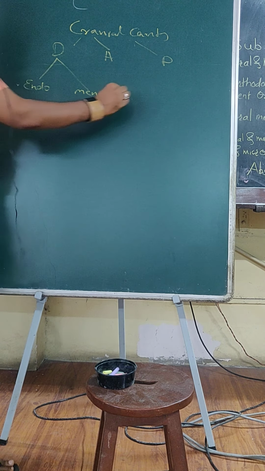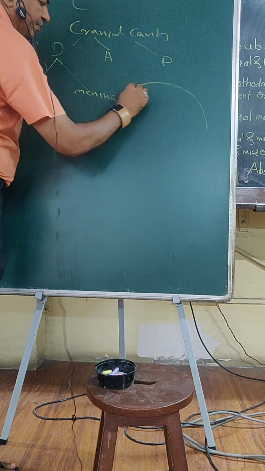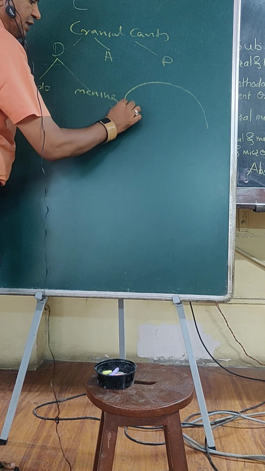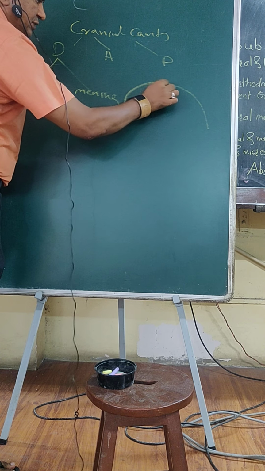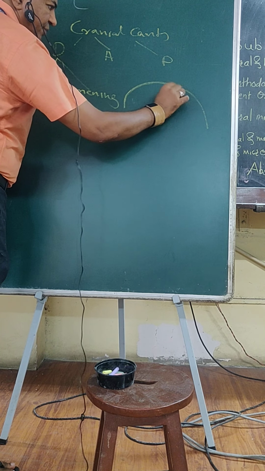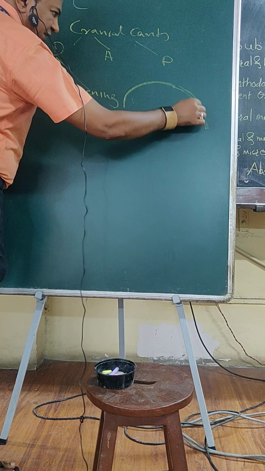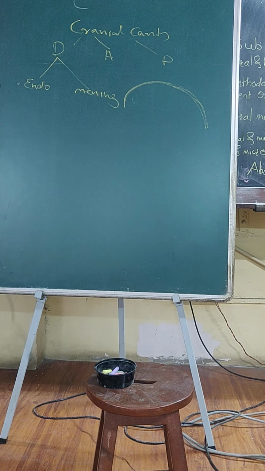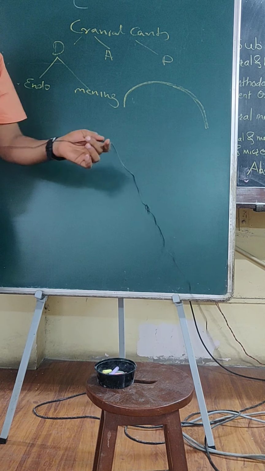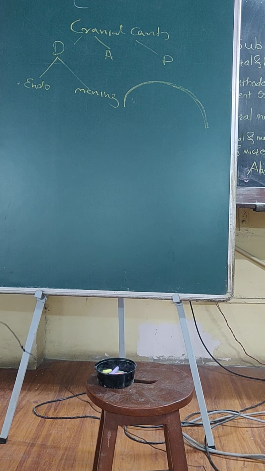What is the endosteal layer? Suppose this is the skull. The endosteal layer, like periosteum, pericranium, lines it from outside. It merges with the endocranium.